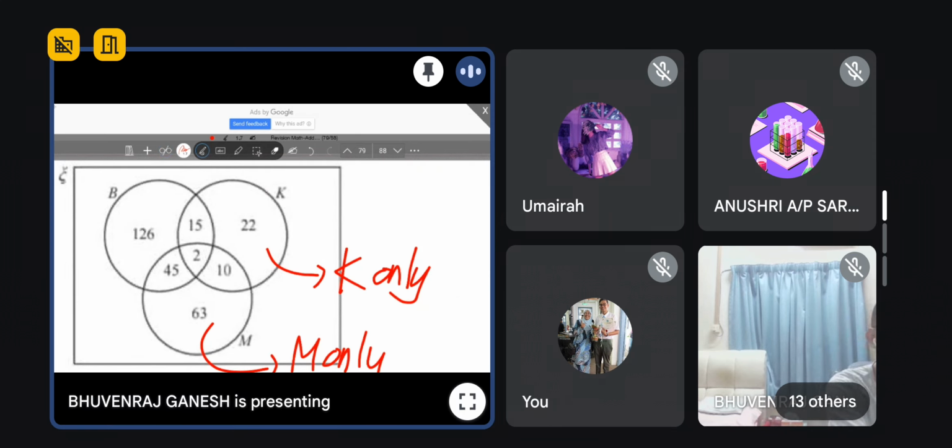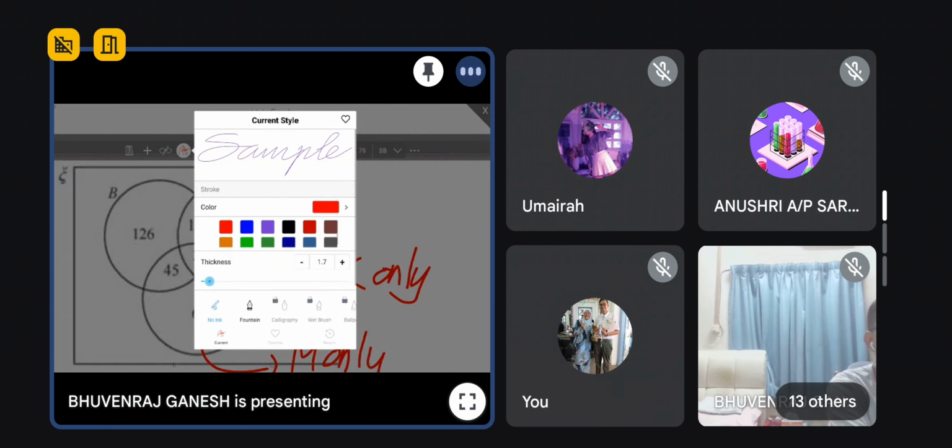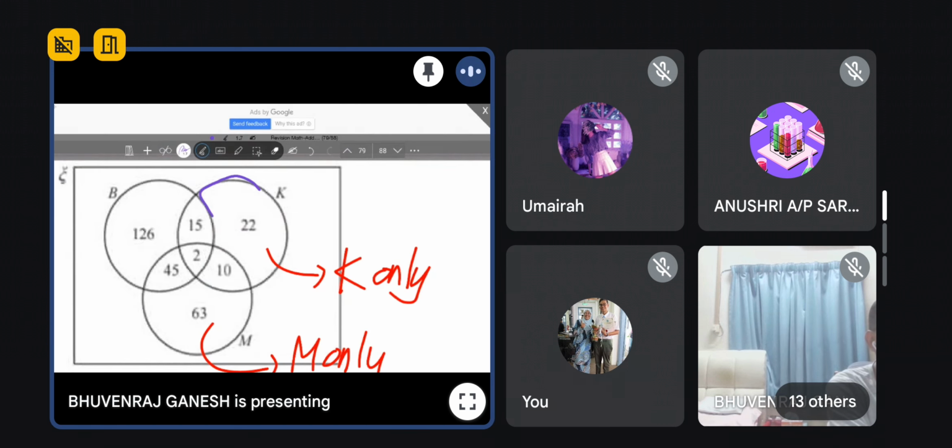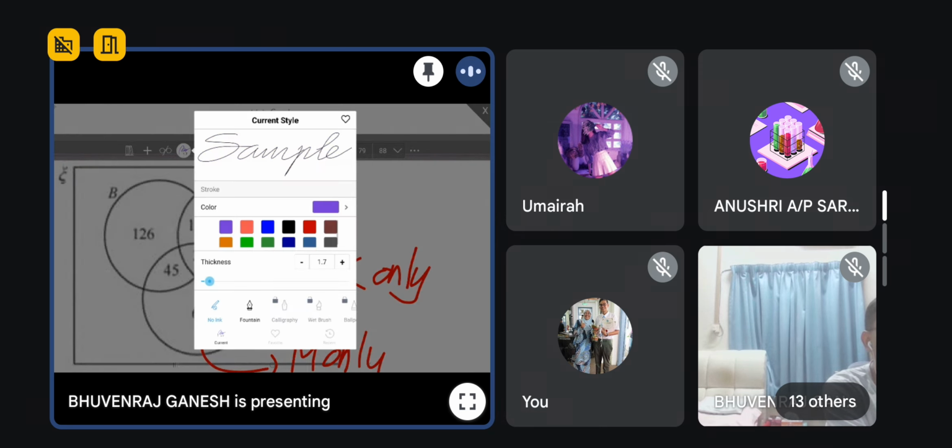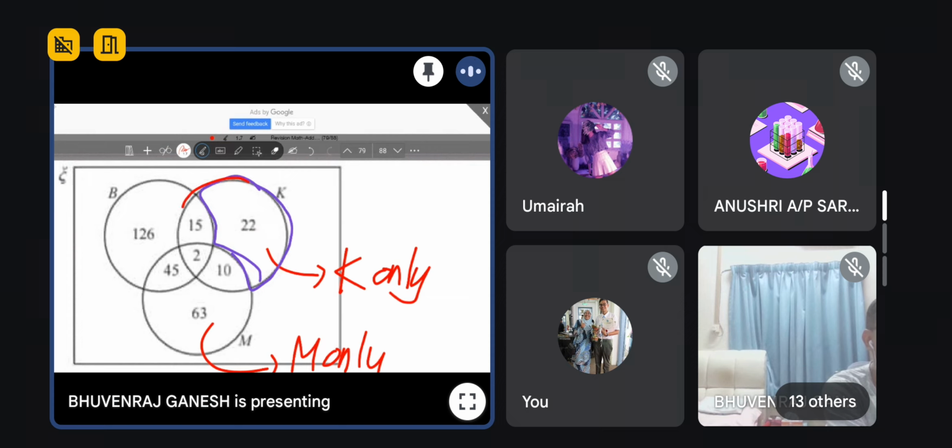Okay, let me explain to you. K airlines sahaja is this purple colour one, which is 22. K airlines is this red colour, the whole circle of K.